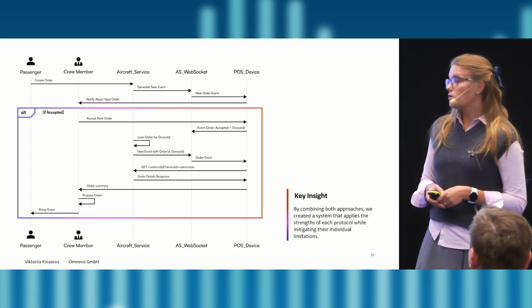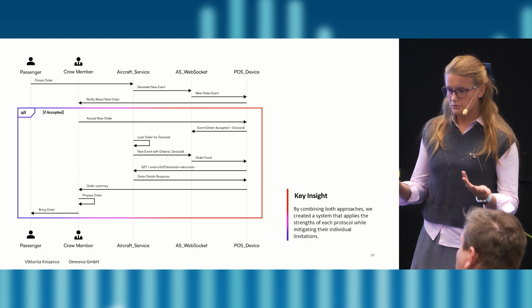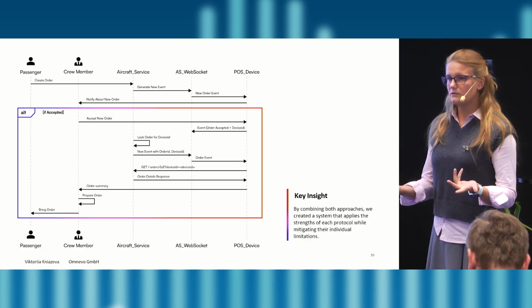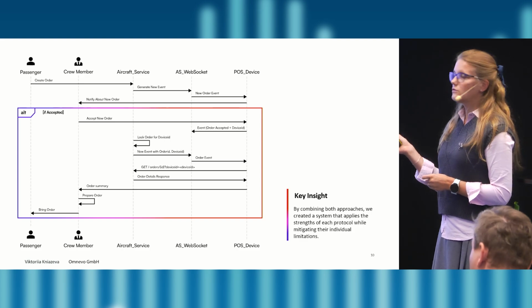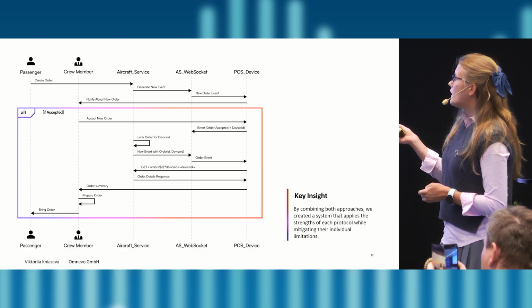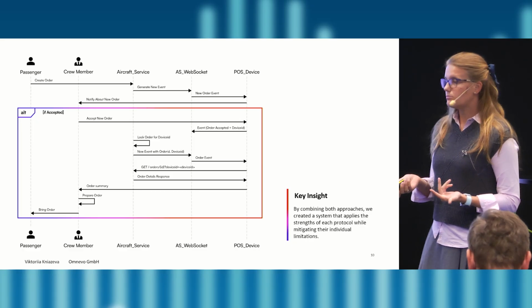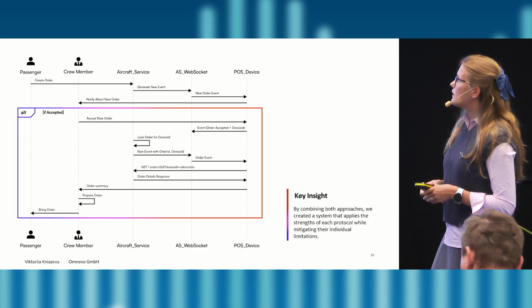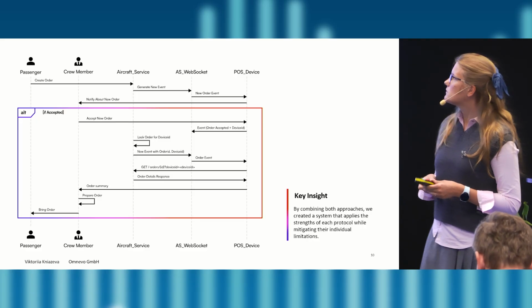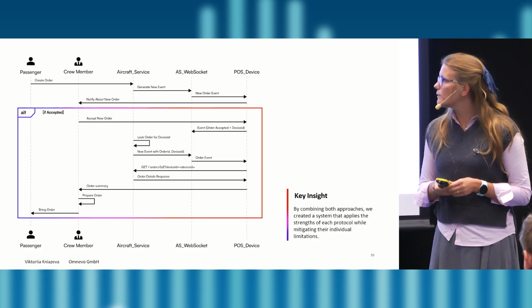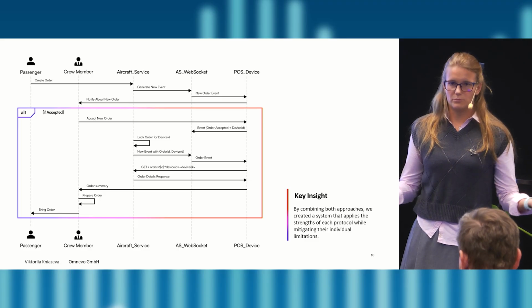So quite small. And for example, we can't provide all the details belonging to the order within one event. And it's easier just to send everything through REST here. And then we have normal communication, request and response. And then when the response is received by the POS device, it presents the summary to the crew member, and the crew member just prepares the order to be brought to the passenger.